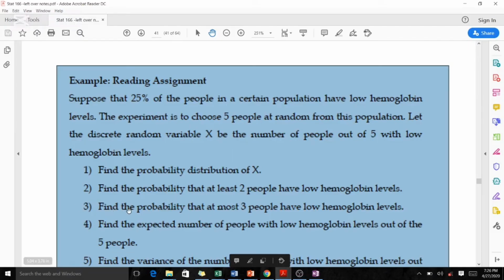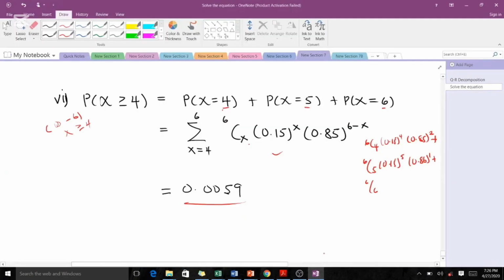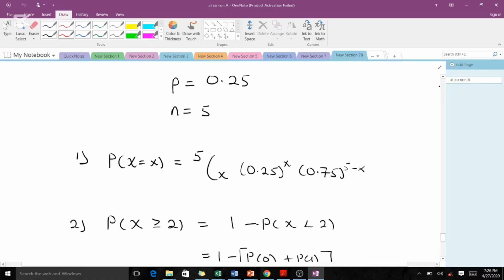Three, find the probability that at most 3 people have low hemoglobin level. Four, find the expected number of people with low hemoglobin levels out of 5 people. And the fifth one says, find the variance of the number of people with low hemoglobin level out of 5 people. So those are the questions.